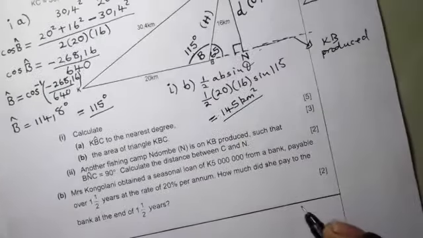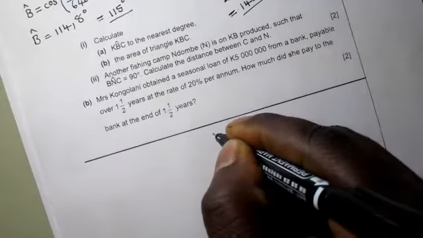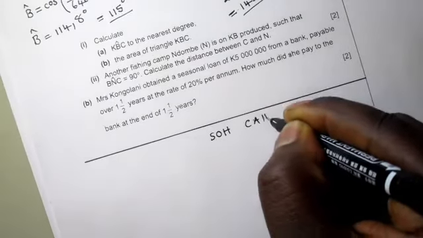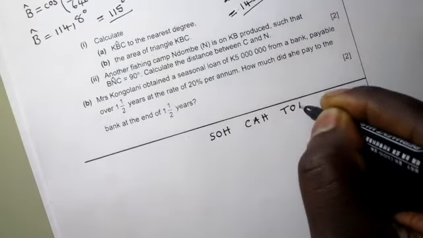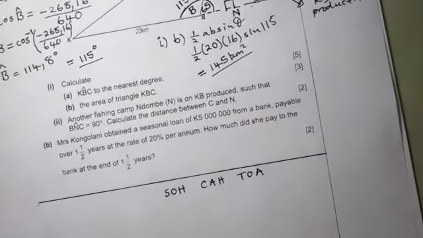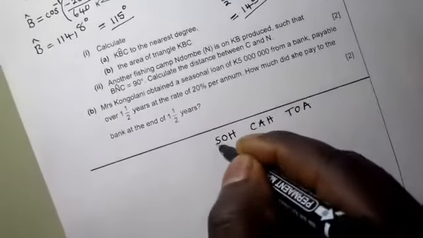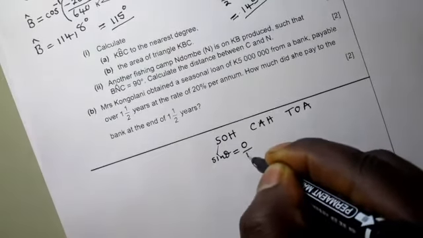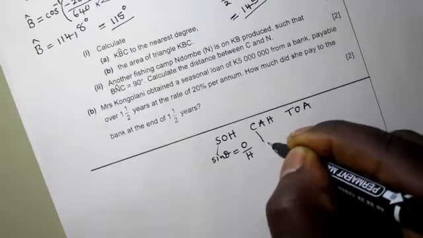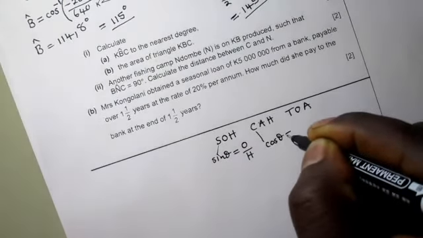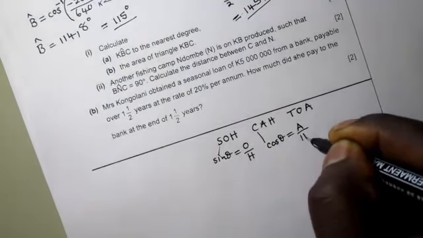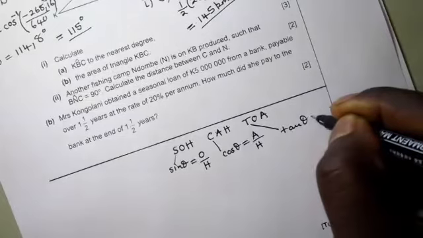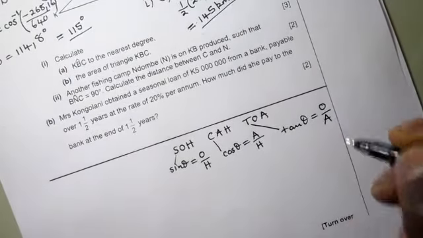So using the troubleshooter of trig ratios, which is SOHCAHTOA. SOHCAHTOA is the troubleshooter of trig ratios. We would like to identify, remember, this is sine theta is equal to opposite over hypotenuse. This is cos theta is equal to adjacent over hypotenuse, and this is tan theta is equal to opposite over adjacent.